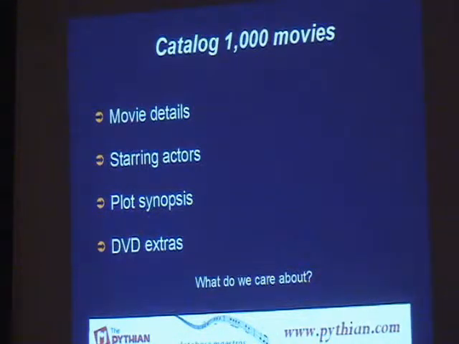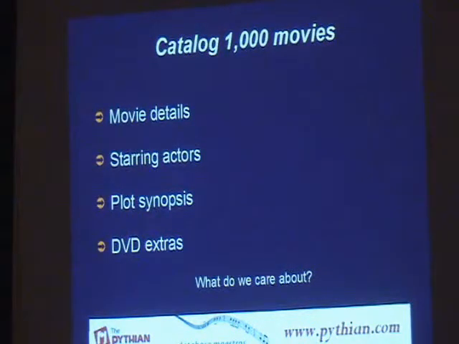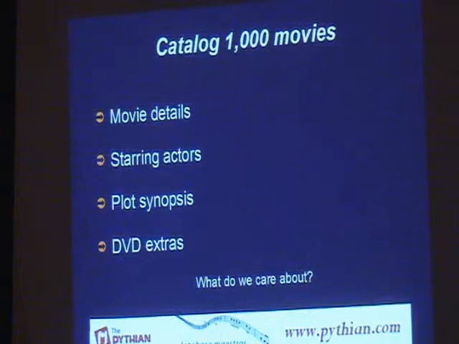So category, actors, what else? Running time, okay. Year released. Rating, maybe? Rating like PG-13? Okay, so I'm going to call it the MPAA rating, the Motion Picture Association of America rating.